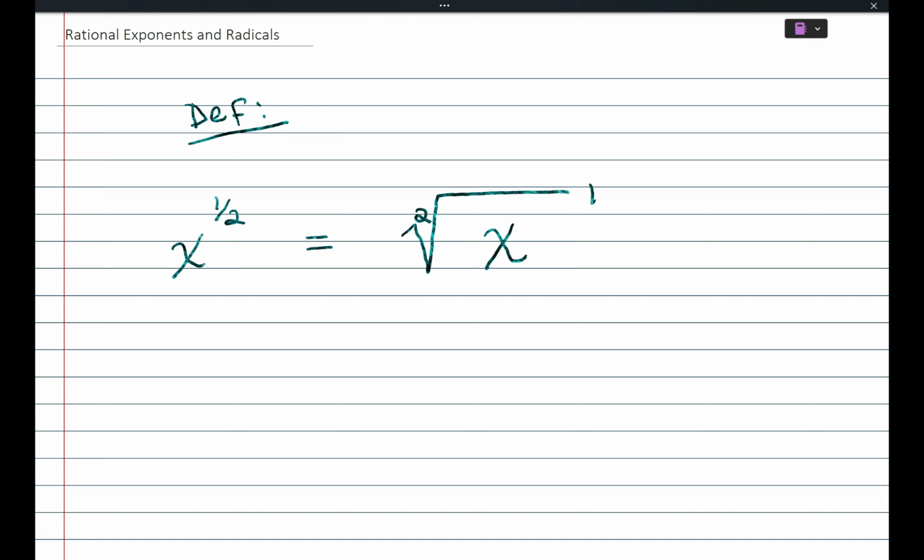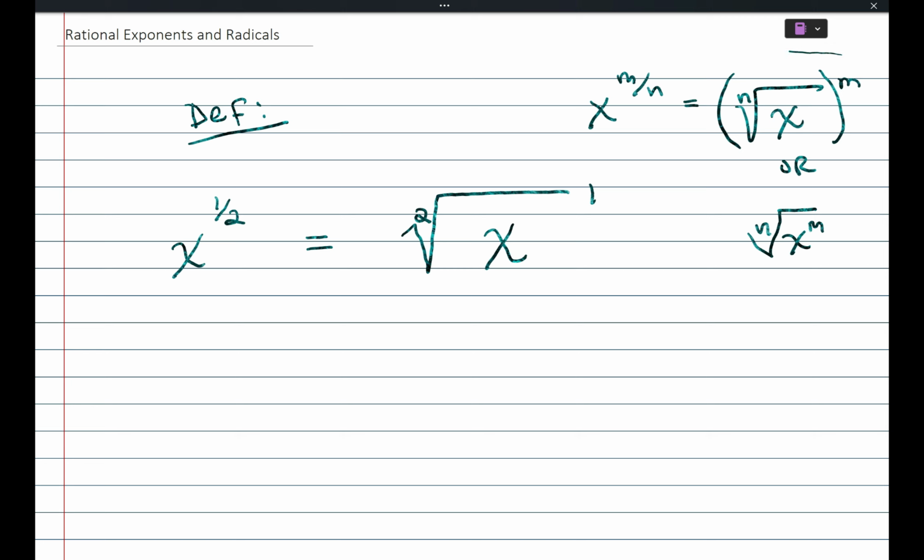A lot of times in some textbooks, you'll see it as x to the m over n, and then they'll rewrite it as x. The n is the index, and it's raised to the m power, or sometimes in some books they'll say, okay, let's raise x to the m power right there underneath the radical.